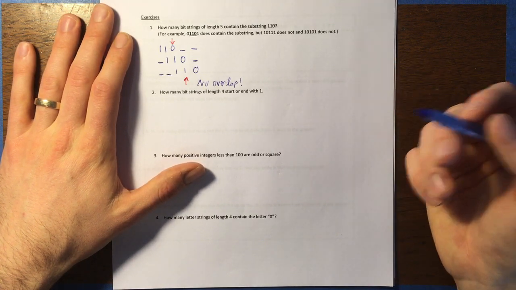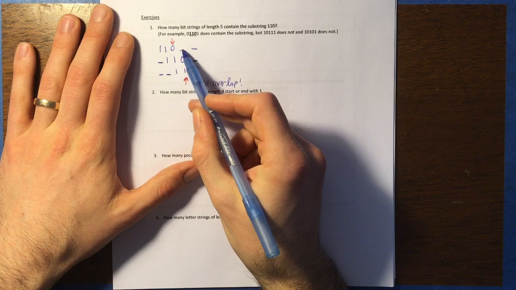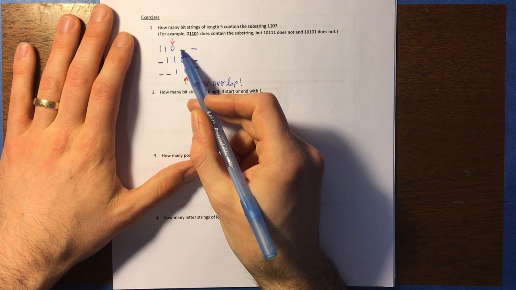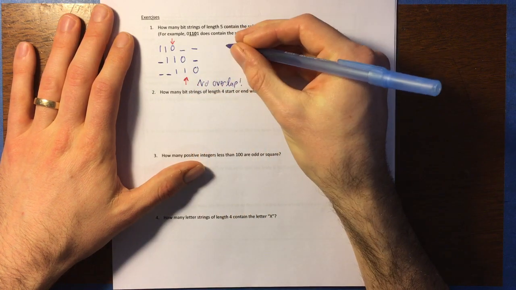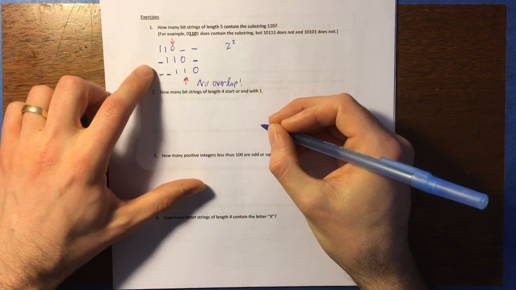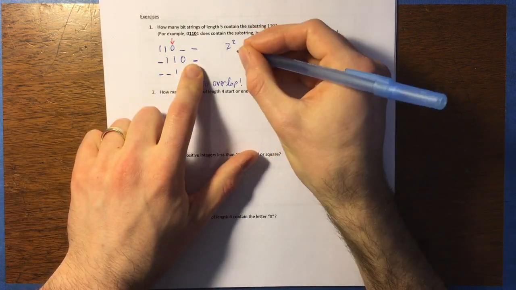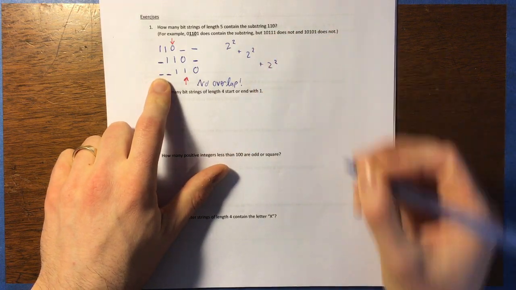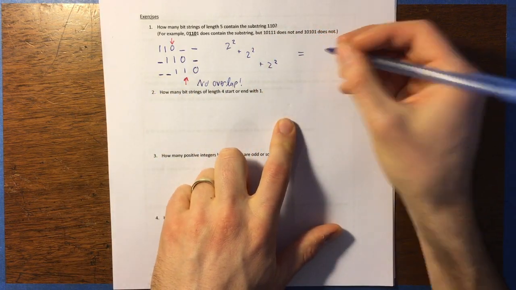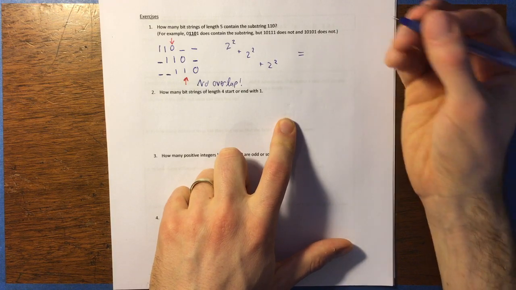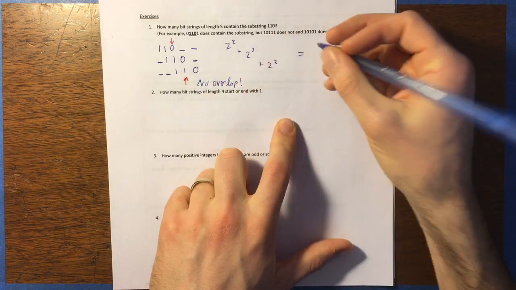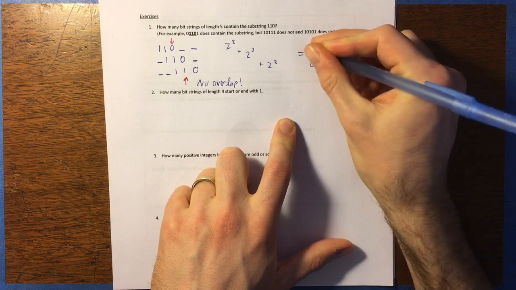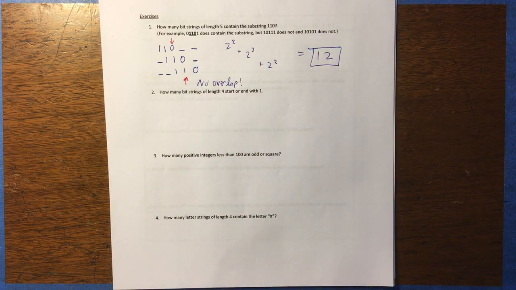The way to count that is using the multiplication rule, because we have 2 options for what bit is going to go in each blank. So we have 2 times 2, that's 2 squared, for the first one, also 2 times 2 for the second one, and also 2 times 2 for the third one. So we have 2 squared plus 2 squared plus 2 squared. So the total number of bit strings of length 5 that contain that substring is 12. So the answer to the first one is 12.